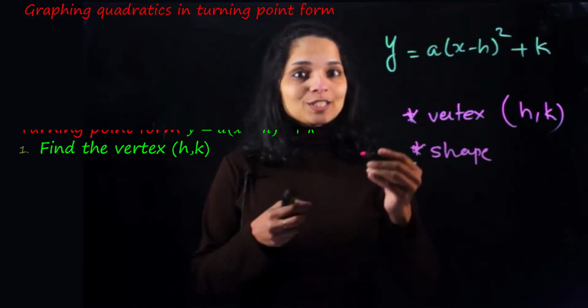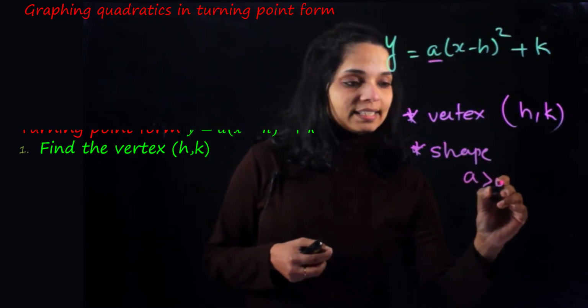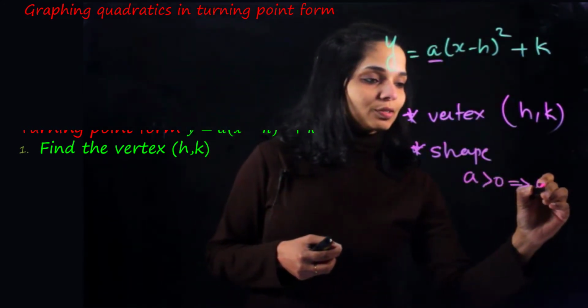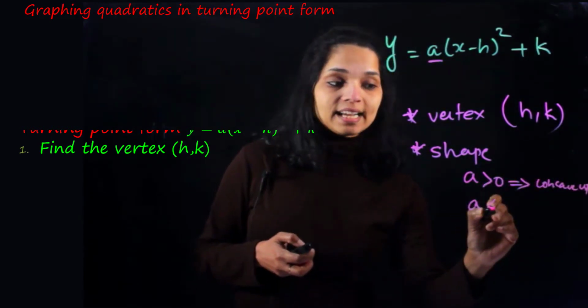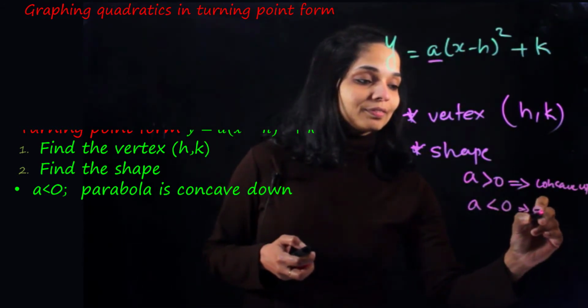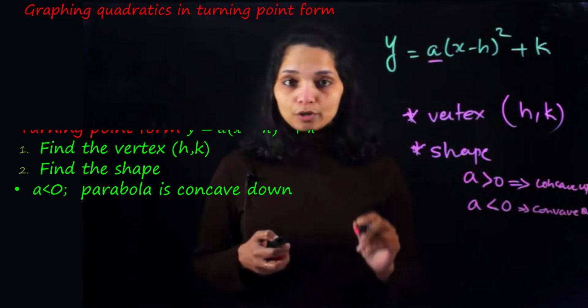An easy way to know that is if a is positive, or a is greater than 0, it is concave up. And if a is negative, or less than 0, it's concave down.